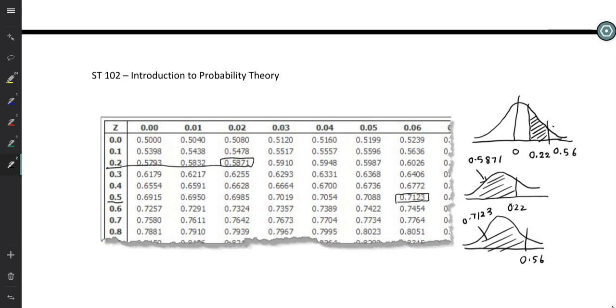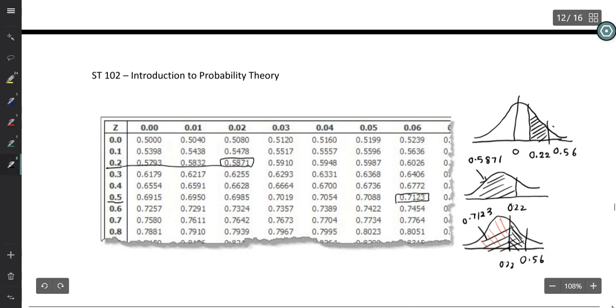Now what do you want? You only want the difference in between 0.22 and 0.56. So here's 0.22 somewhere here. What we need is only this area. So how do you find that? All the way up to 0.56 you have everything, but you don't want this area, this red colored area. You don't want it. What you want is only this 0.22 up to 0.56. So you have to subtract this unwanted part. Because you already know that unwanted part is 0.5871.